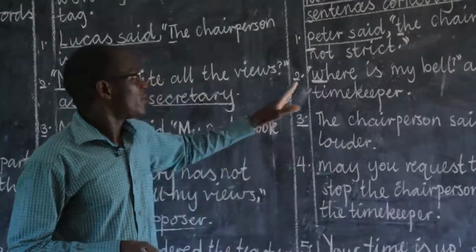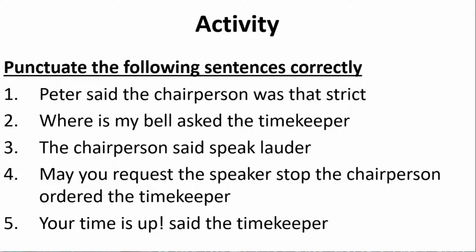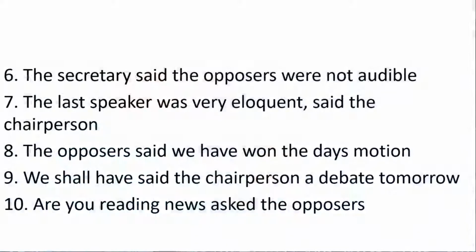So from number 2 onwards, I think you can go through and see where we need to put all our opening quotation marks, our question marks, and our full stops, so that you can punctuate all the following sentences. I hope you will do this one alone. I wish you the best.